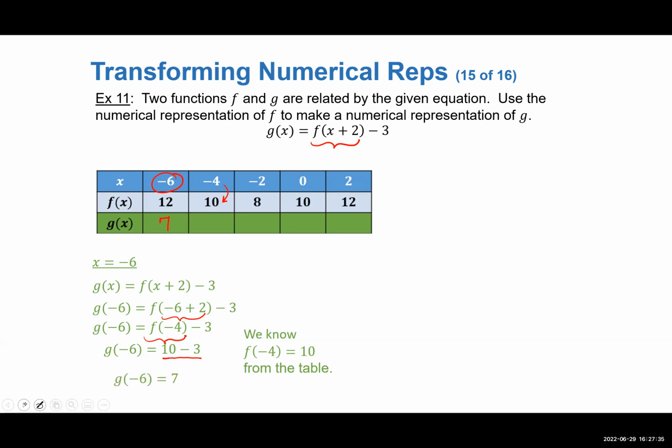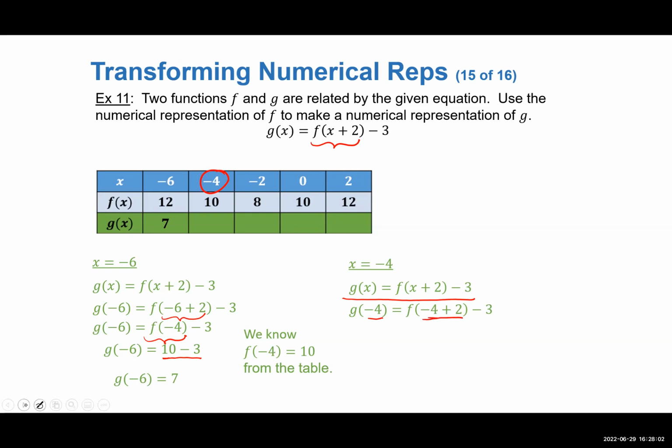Okay. So let's do another one. Let's say x equals -4. So now we're going to work with -4. Okay. So that means that we have our same function that we're using for g of x. We're going to say our x is now -4, so we just plug that in. What is -4 plus 2?